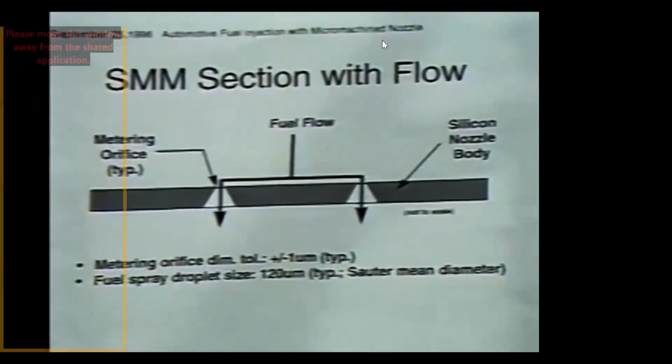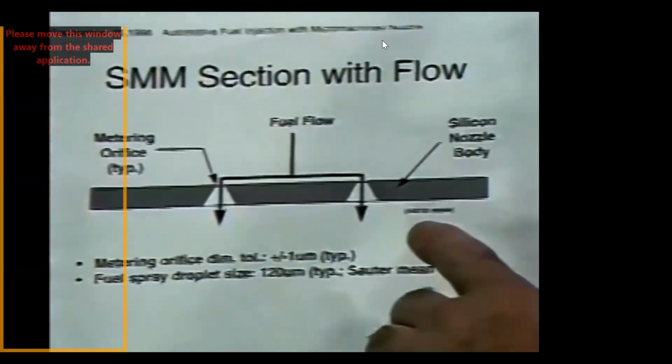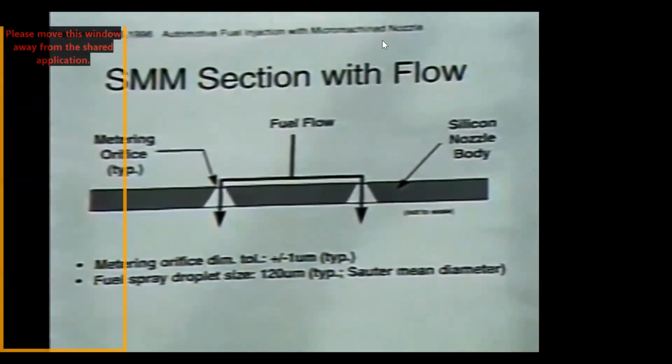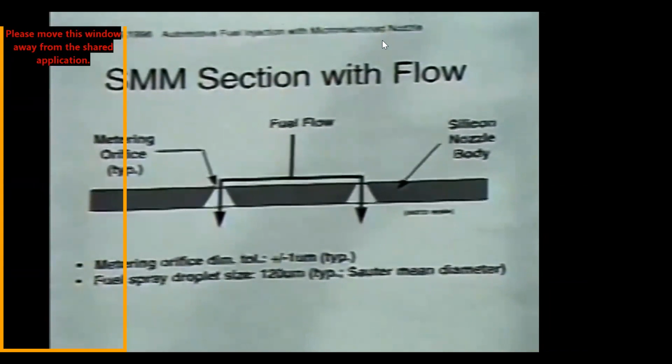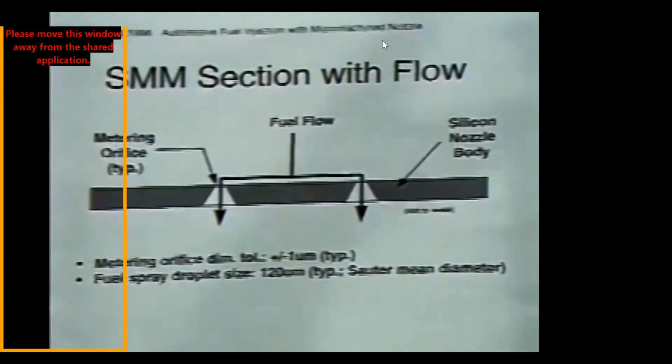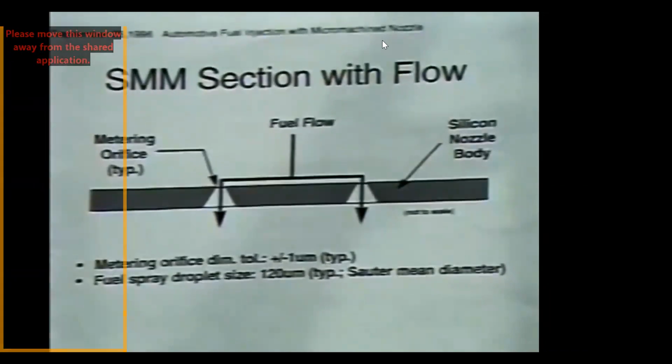The other job it was supposed to do was control droplet sizes and improve them, and improvement means smaller droplet sizes. Typical fuel injectors of its day had 180, 200 micron particle sizes. In this case, this was down to the 120 micron particle size.